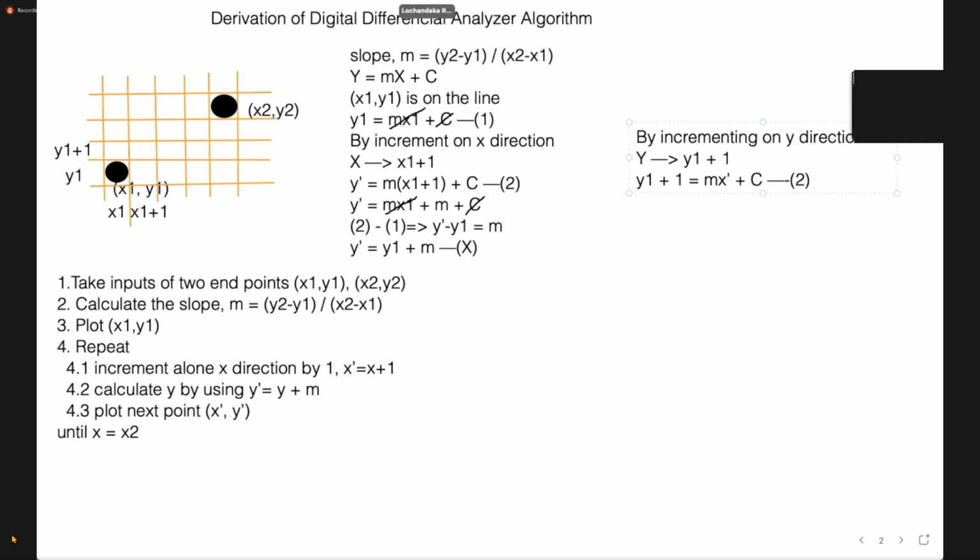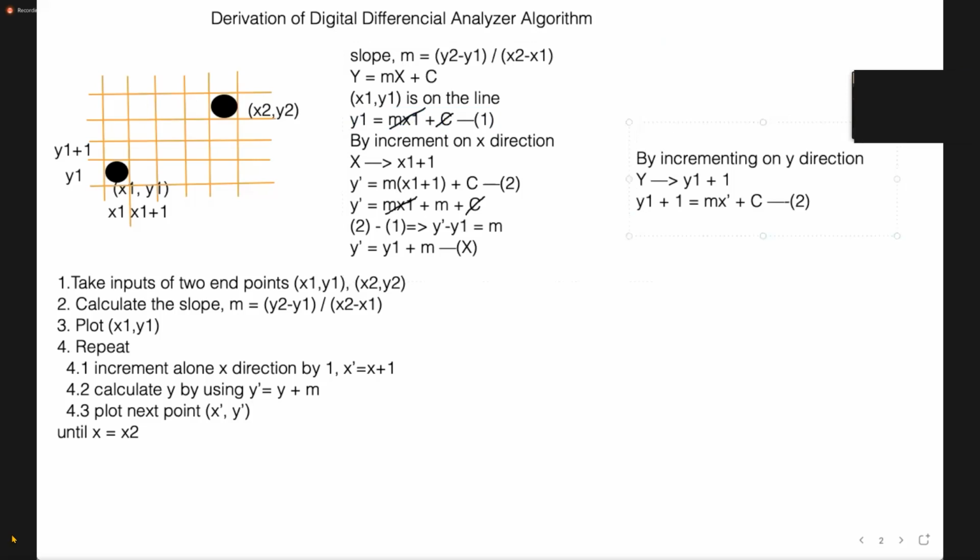The first equation is here, the second equation is here. This is the second equation.